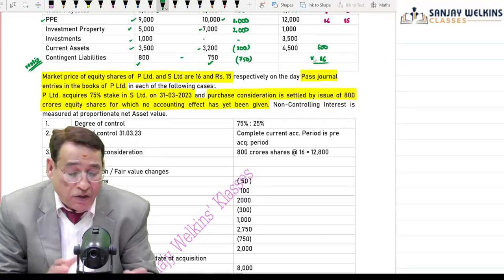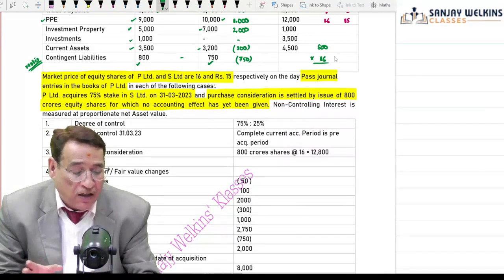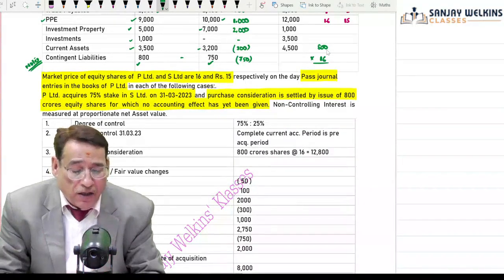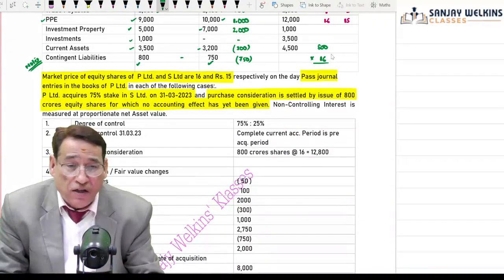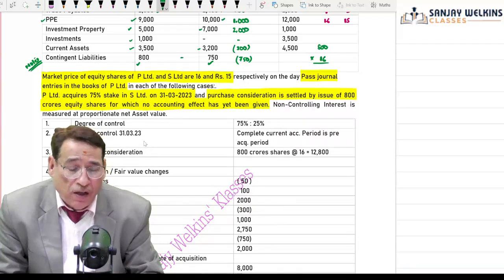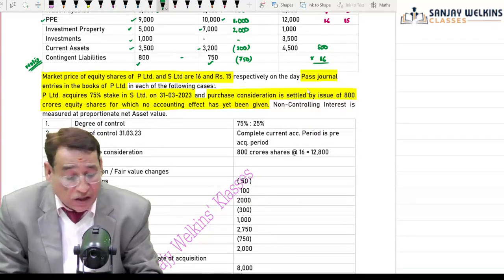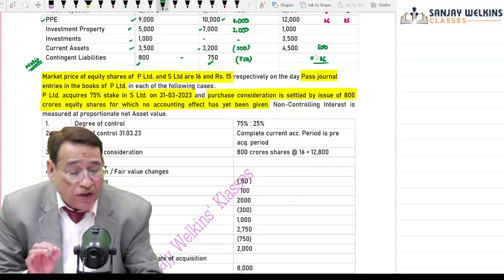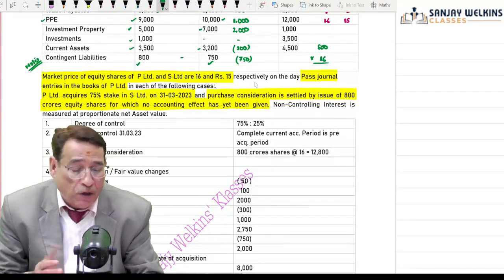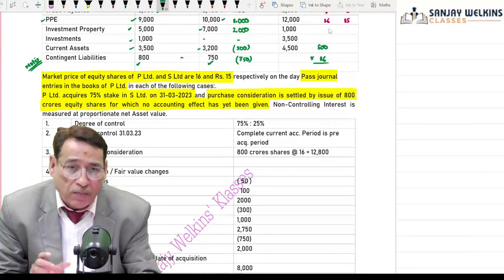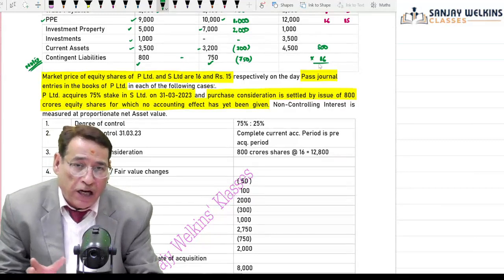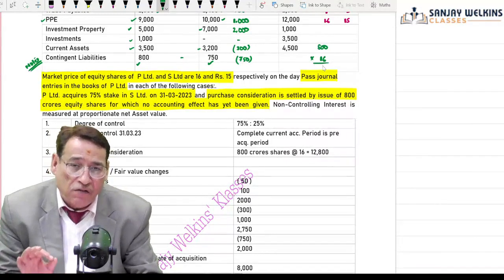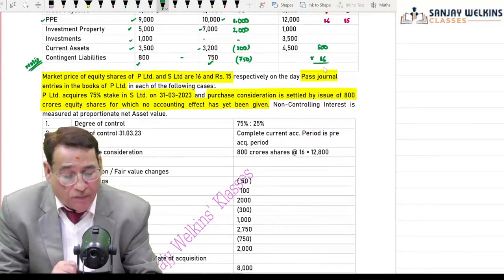So 800 into 16 is 12,800. It is given very clearly that we are offering 800 shares, and we issue them at the rate of 16, because market value is given for the respective companies. So your purchase consideration will be 12,800, number one.